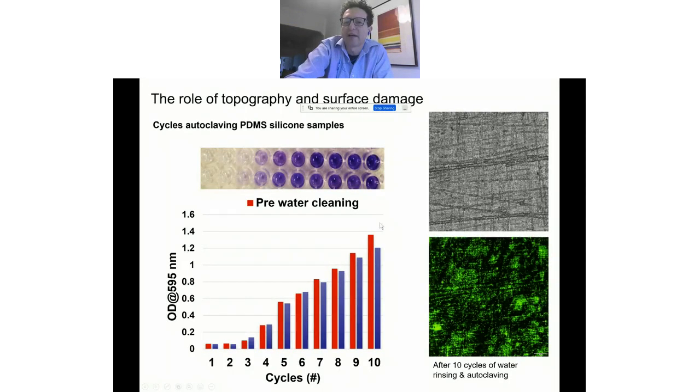And we've, in this case, grown bacteria at every stage prior to autoclaving. And we can see that the amount of bacterial growth is increasing with that damage. So at each stage, we're growing new bacteria, but the amount you can see in the crystal violet stain is increasing. And you can actually see in this fluorescent stain of the bacteria exactly where they're following these grooves and defects on the surface.